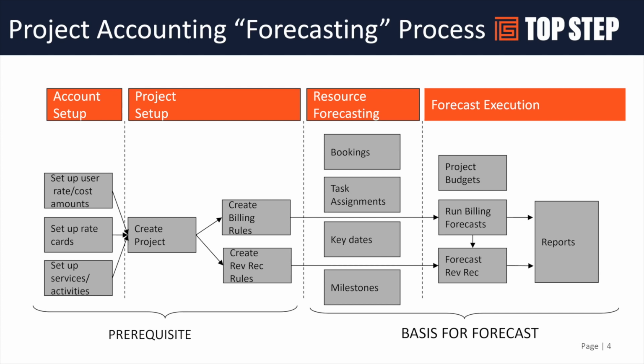For executing your forecast, it's basically going to be based on how you set OpenAir up, and we're going to talk through some of the different options. You can have budgets for generating your forecast. We can run billing forecasts and RevRec forecasts.